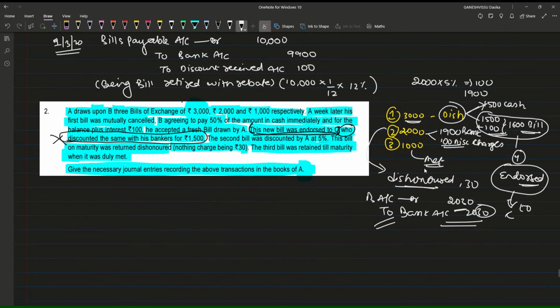Now we need to pass the entries in the books of A. Simply, let us have all the entries at a time. In the order the question is given, we shall write the same entries. Okay. First entry is for what? For drawing the bill. I'm going to keep the entry numbers.